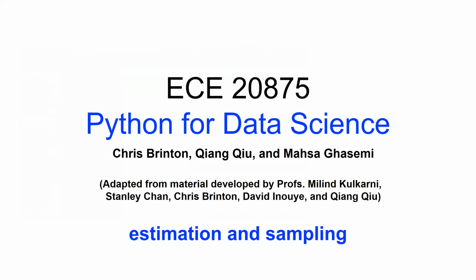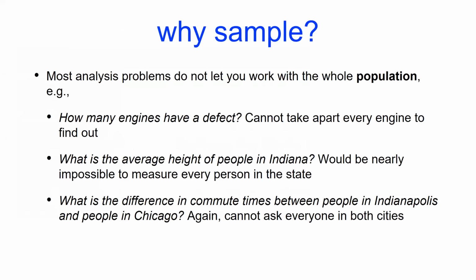So the topic of this class is estimation and sampling. Very important topic. So first of all, why do we care about samples? Why do sampling? I think we have covered this topic in the past few classes. If you remember the example, let's say I want to understand the height distribution of the Indiana people.